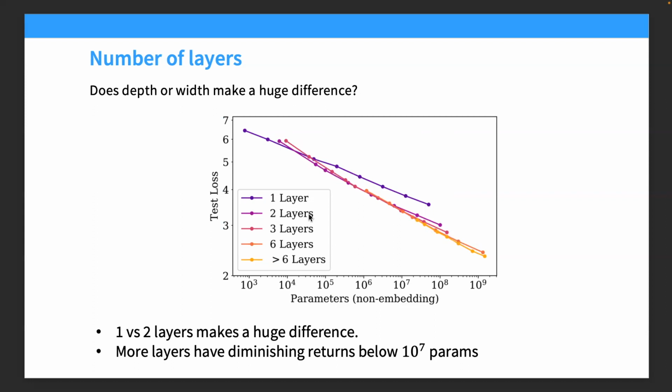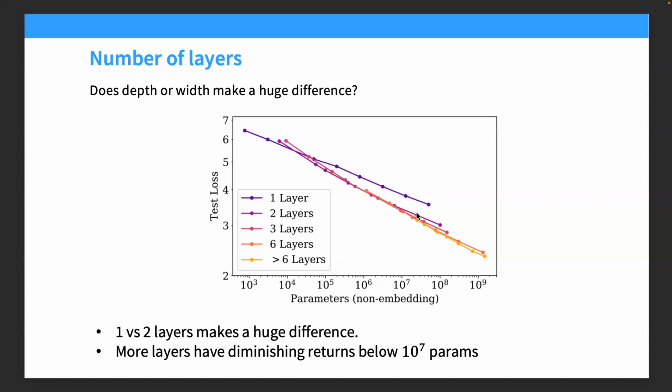You can also always increase the width of the network so that the parameters will grow, so you still get a larger model, but the decision is, should we make it wider or should we make it deeper? From here, we see that there is a big difference between 1 layer and 2 layers. But from 2 layers to 3 layers to 6 or more, the gap is small compared to the jump from 1 to 2.